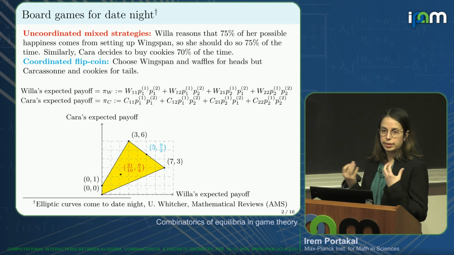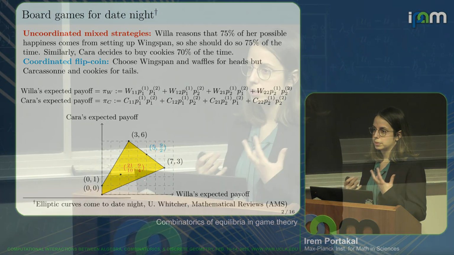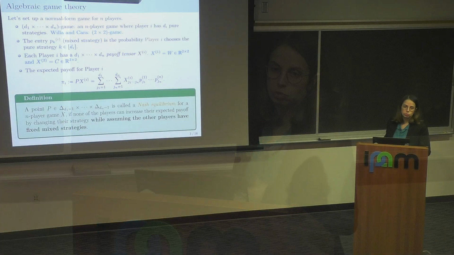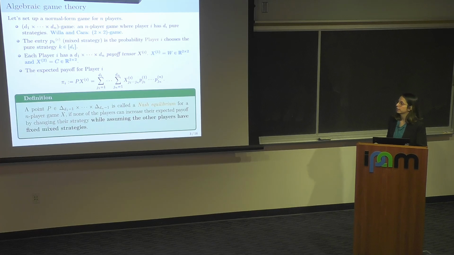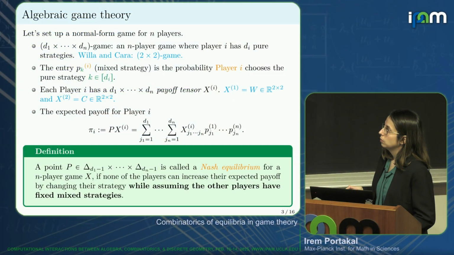Okay, so that's basically the idea. Which kind of problems are we considering for games in normal form? Well, I want to do it maybe more officially, for general games. What is the setup for general games? We can do that for any finite games. Here I'm choosing n players and calling a game d1 times ... times dn, which means player i has di pure strategies.